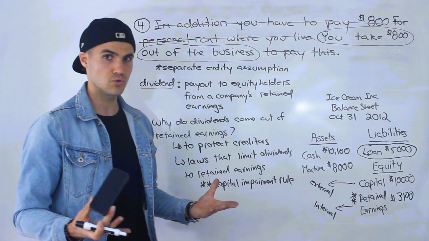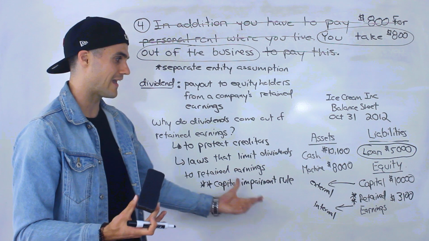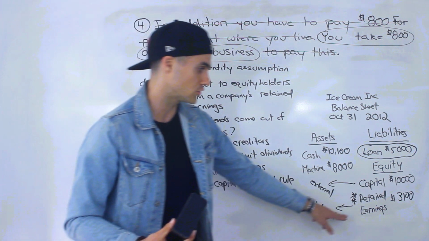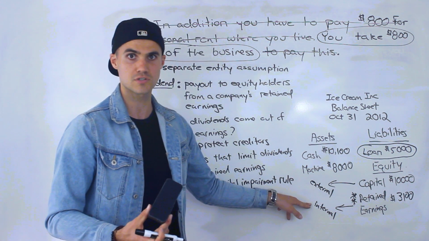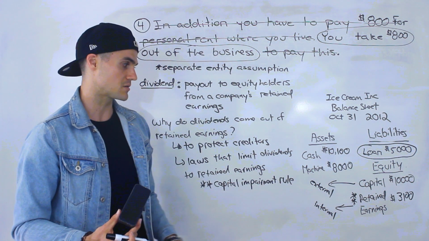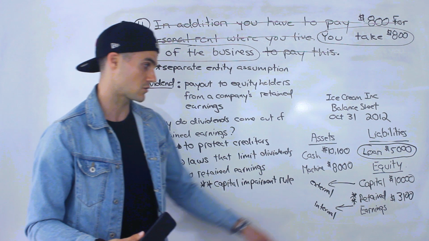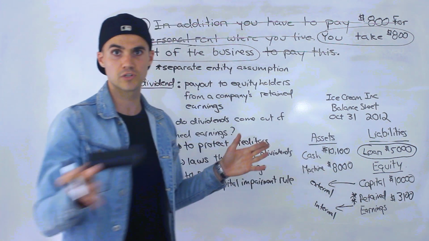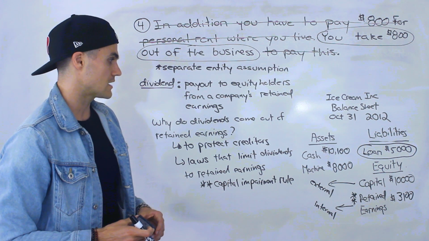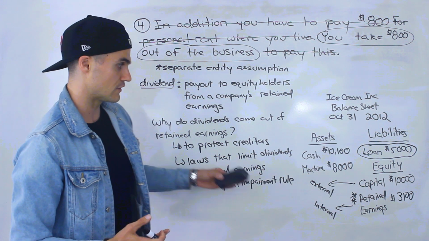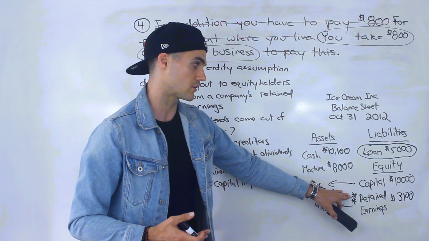So if you think about it intuitively, you shouldn't really be paying yourself money out of your business until your business is profitable, right? Until it's internally produced some capital, some profit from its operations. And remember, the retained earnings is the accumulated profit over a company's life. Okay, and so that's why dividends have to come out of retained earnings.